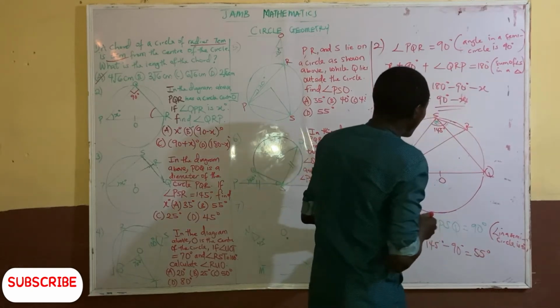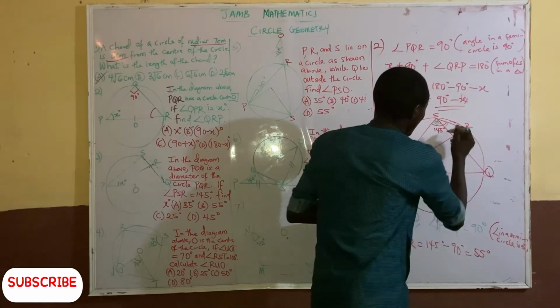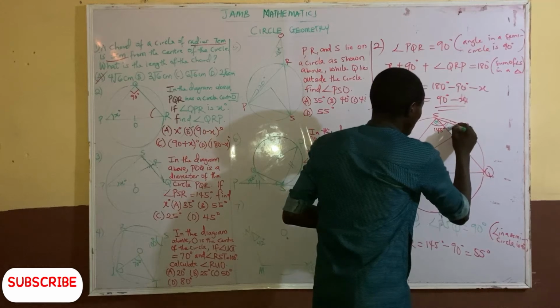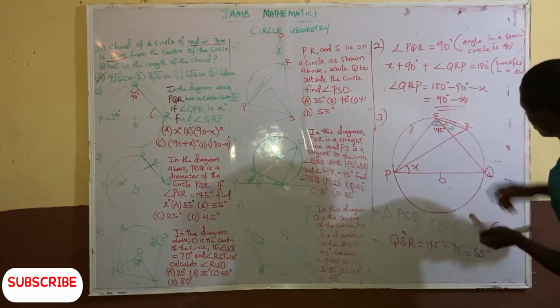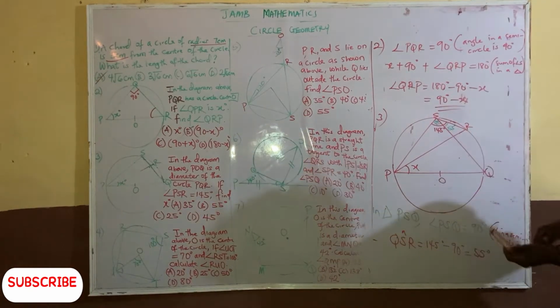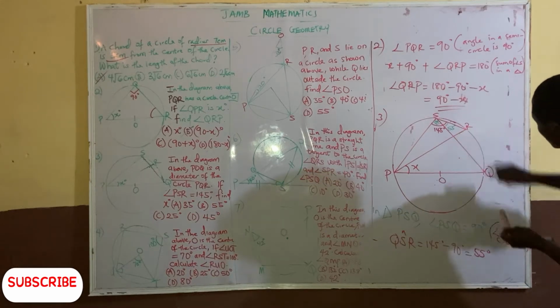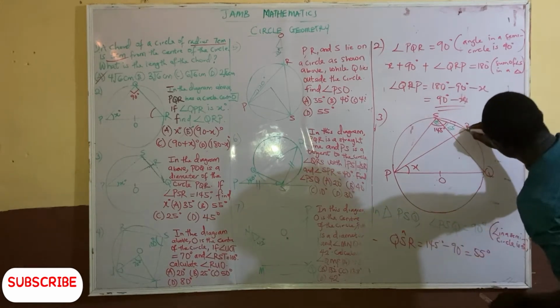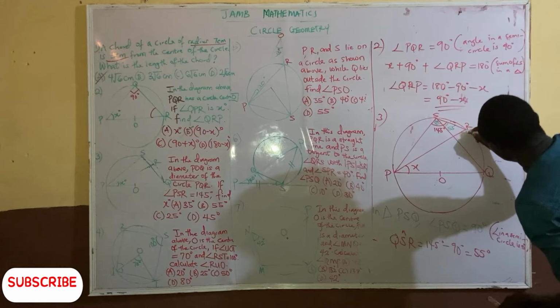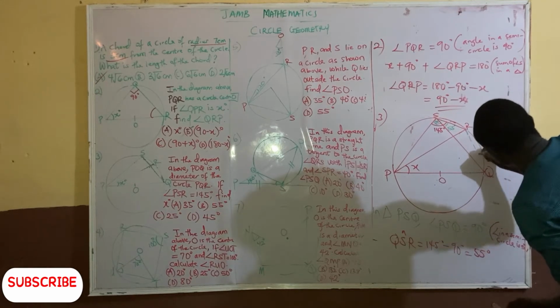So meaning that the angle here is 55 degrees. Now, when you look at this very well, this 55 degrees is equal to this angle in the same segment. For example, if I join this chord QR together with a dotted line.